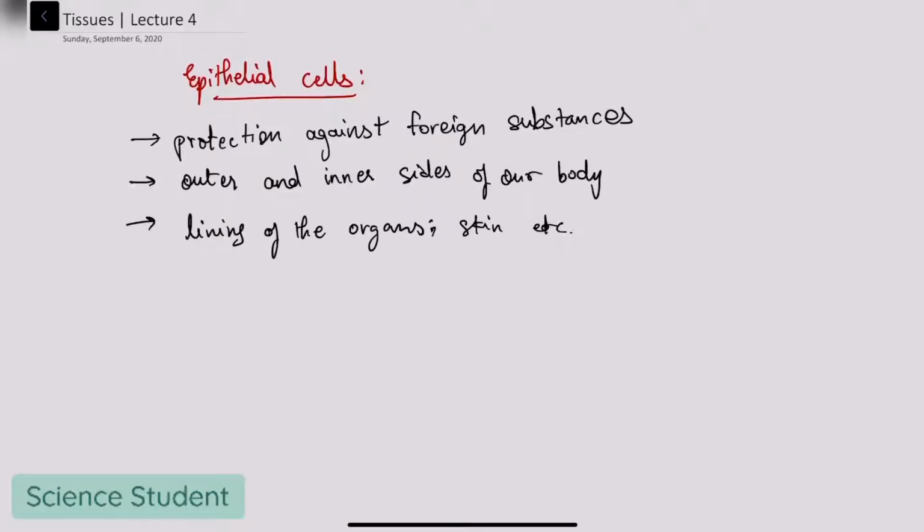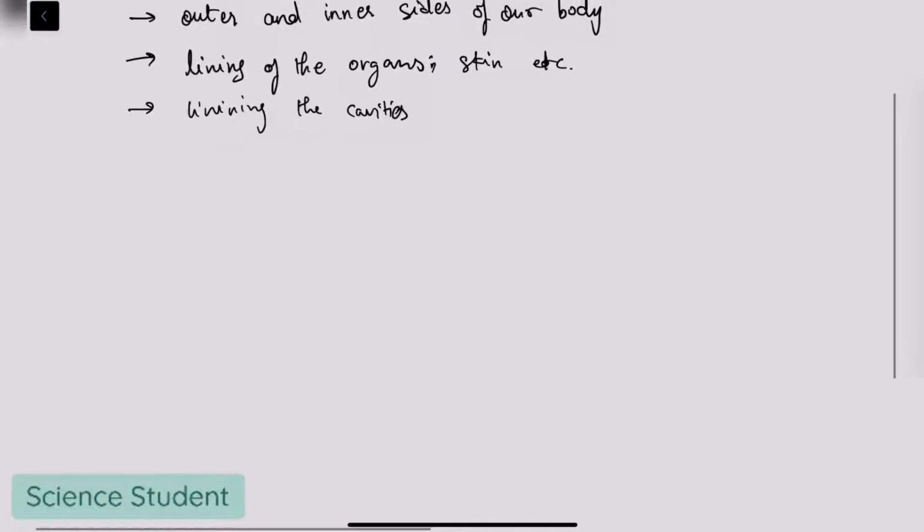It helps in lining the cavities, various body cavities like the thoracic cavity. So this is the main function of epithelial cells.